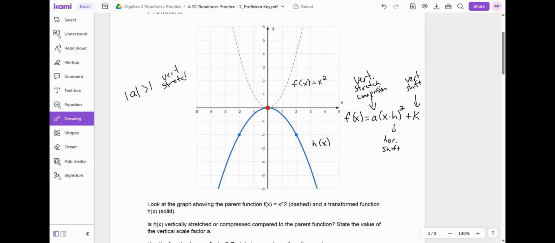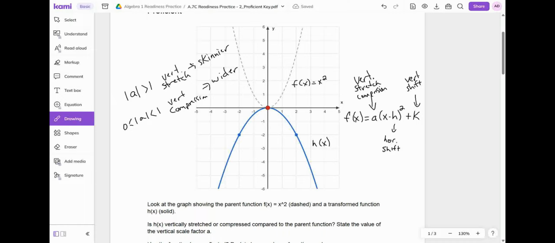And what does that vertical stretch look like? It looks like it's skinnier, okay? It's a skinnier graph because you're vertically pulling it up or down. And then if your a term is still greater than 0, but it's less than 1, then it's a vertical compression. You're taking the top of it and you're pushing it down. Okay, so it's going to end up being a wider graph because you're compressing it vertically.